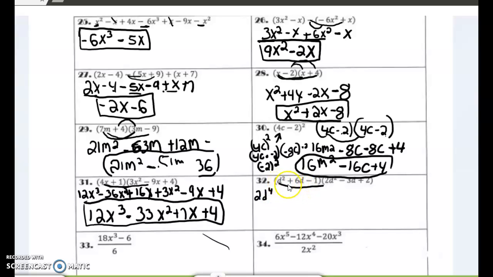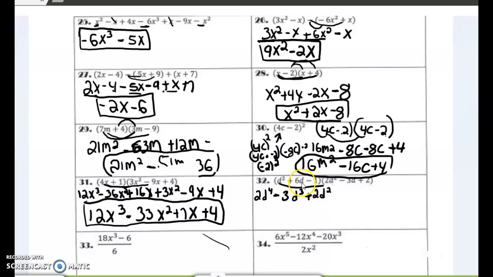Then we'll distribute the d to the negative 3d, which would give me a negative 3d cubed. d squared times 2 would give me a positive 2d squared.